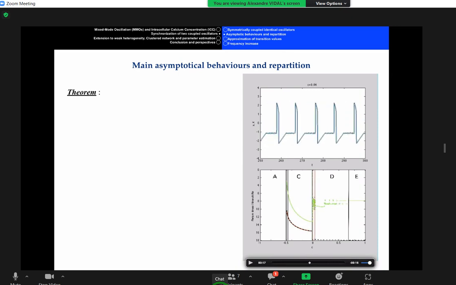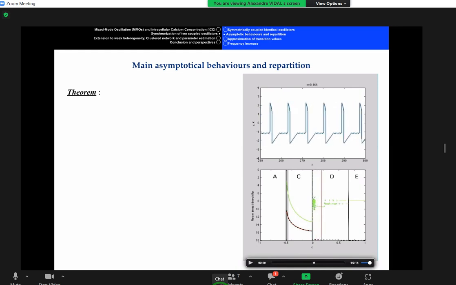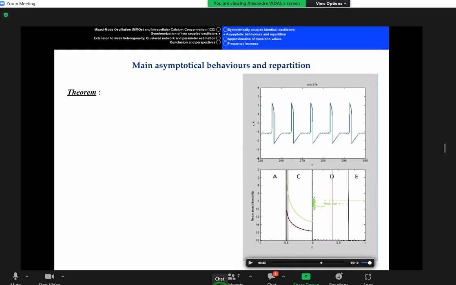And here you can see that we have some very erratic behaviors appearing up to a large value for C, leading to the stabilization.